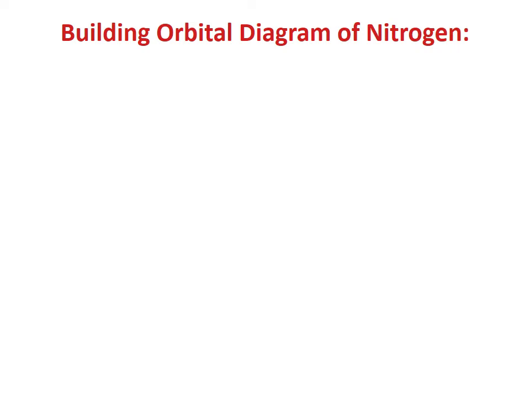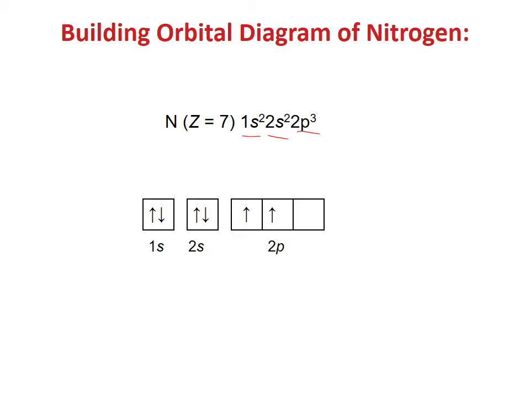Let's draw the orbital diagram for nitrogen. Nitrogen has 7 electrons, so the electron configuration should be 1s, 2 electrons, then 2s, 2 electrons, then 2p, 3 electrons. So it has 1 more electron than carbon, and we already know the orbital diagram for carbon looks like this. 2 electrons in the 1s orbital, 2 electrons in the 2s orbital, and according to Hund's rule, 2 electrons must be in 2 different 2p orbitals with parallel spin.